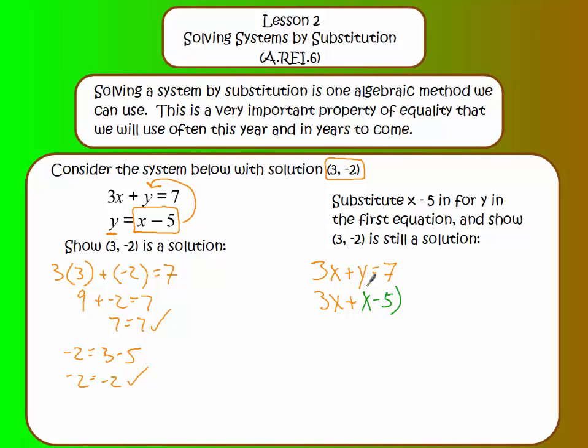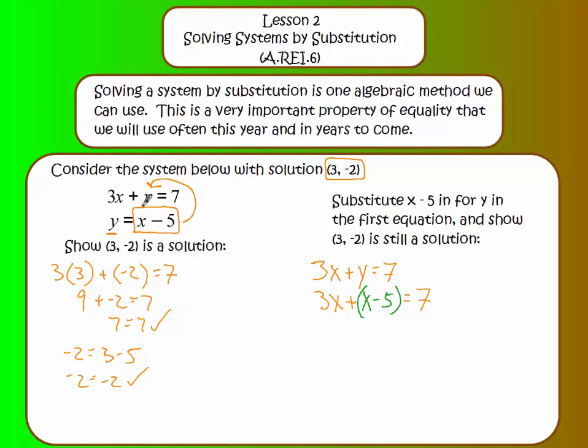I like to always use parentheses when I do it too. And nothing else changed. So again, all I did was where the y was originally in the first equation, I now substituted in x minus 5.